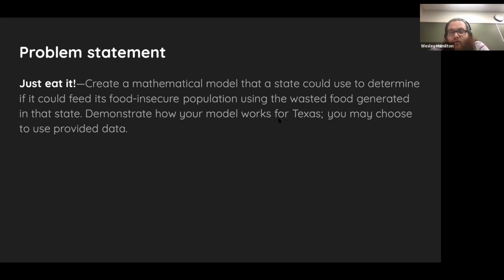Demonstrate how your model works for Texas. You may choose to use provided data. And so in the problem statement, presumably, they had data related to food wasted in Texas. But the key thing is, again, determining if a state can feed its food insecure population using the wasted food that state generates.